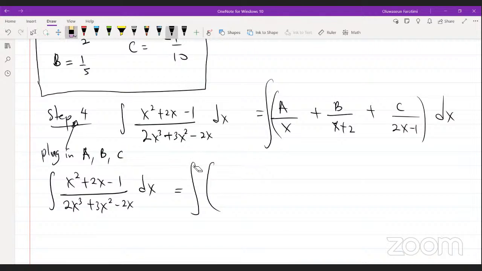A is 1/2, right? Divided by x. What is B? My B is 1/5, right? What is C? My C is -1/10.